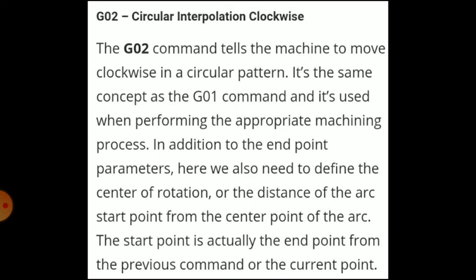In addition to the endpoint parameters, here we also need to define the center of rotation, or the distance of the arc start point from the center point of the arc. The start point is actually the end point from the previous command, or the current point.